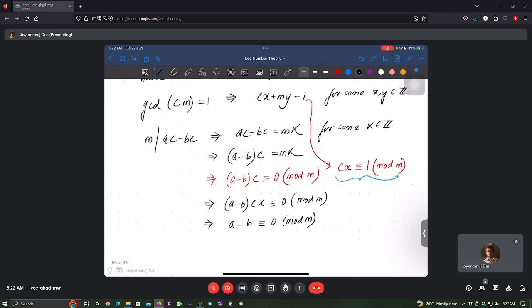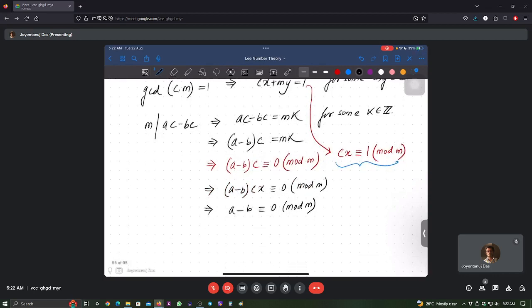You apply modulo M to everything again, and the left CX becomes 1. The right side is still 0. B I can send to the other side.